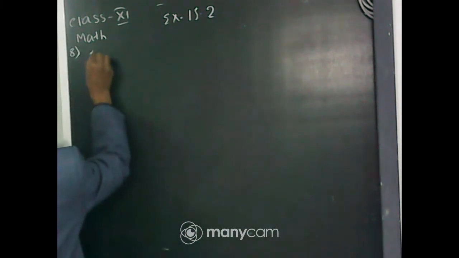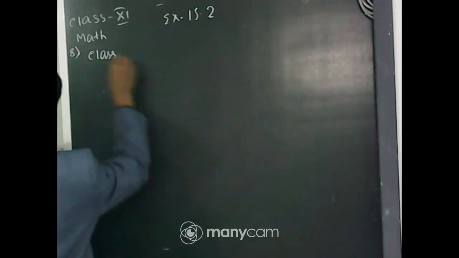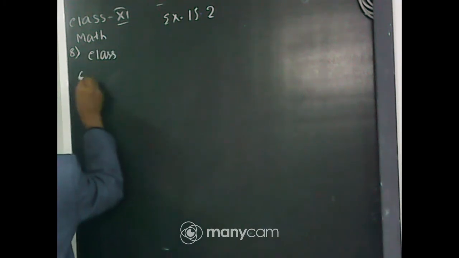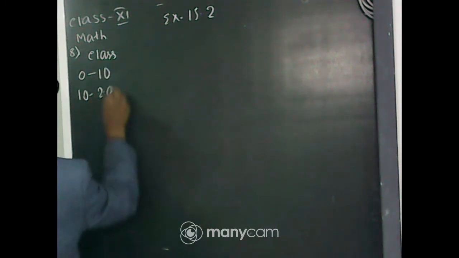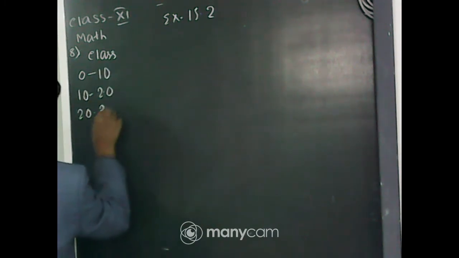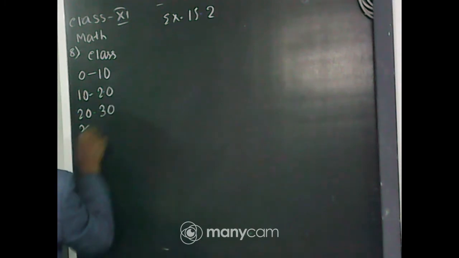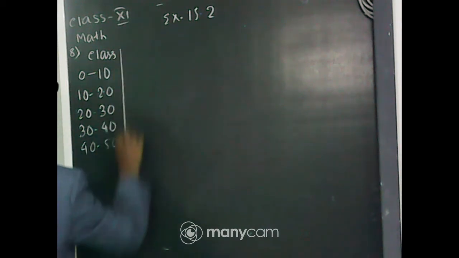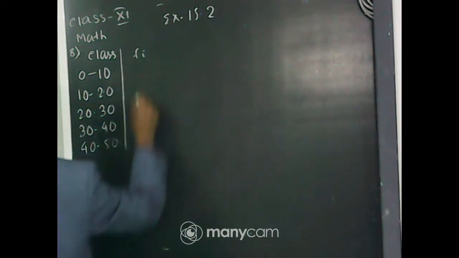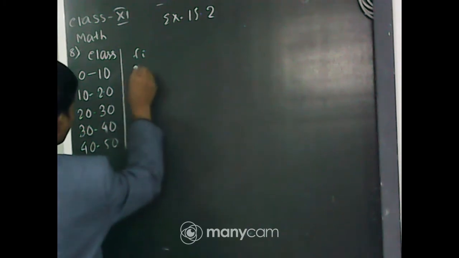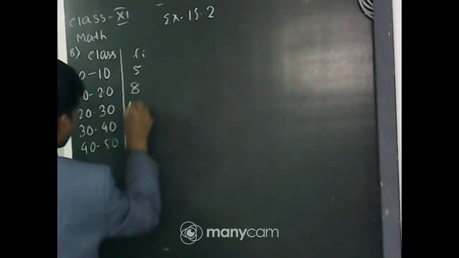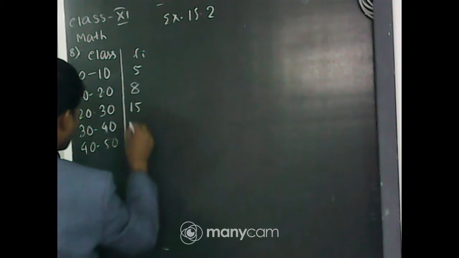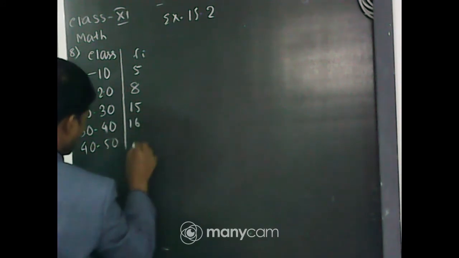The classes are 0 to 10, 10 to 20, 20 to 30, 30 to 40 and 40 to 50, and the corresponding frequencies are 5, 8, 15, 16 and 6.